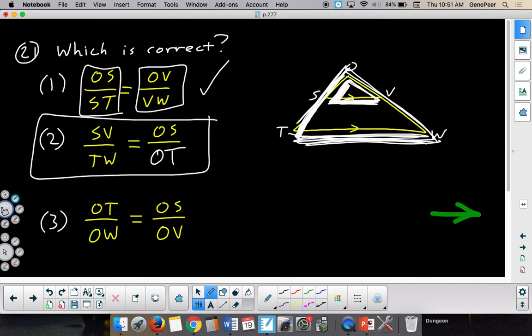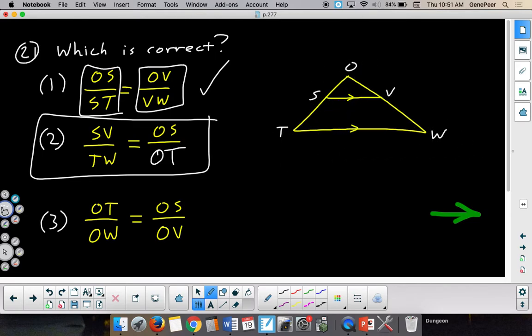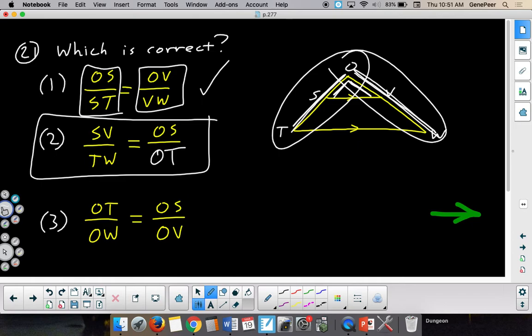Let's see why 3 is correct. Why is 3 correct? 3 says OT, the whole side of the big triangle, over OW, OW being the whole side of the big triangle, is that equal to OS over OV? Well, the trick is, as long as you're consistent in what you do on the left and the right sides, it's hard to go wrong.